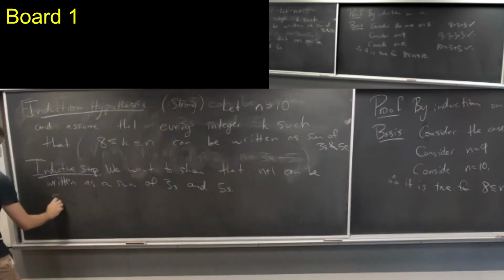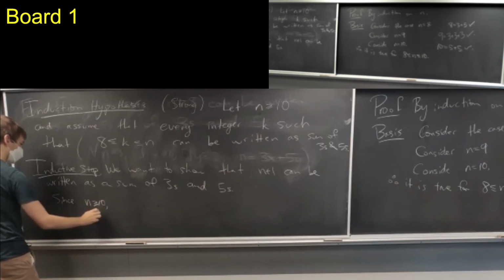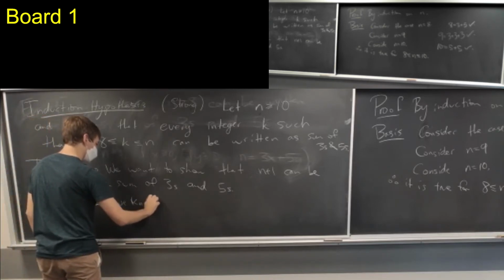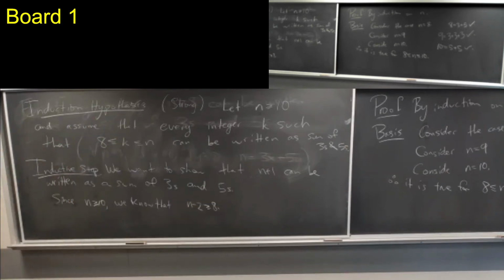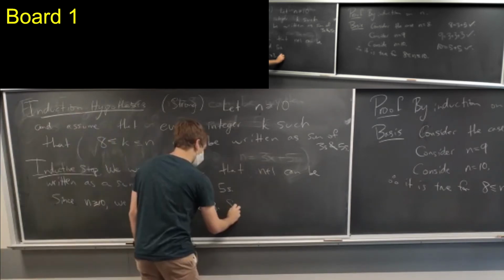So since n is at least 10, we know that n minus 2 is at least 8. So we can apply the inductive hypothesis to n minus 2 to get it as a sum of 3's and 5's.